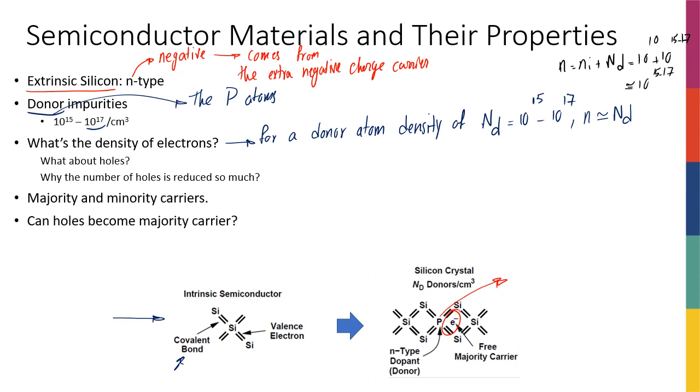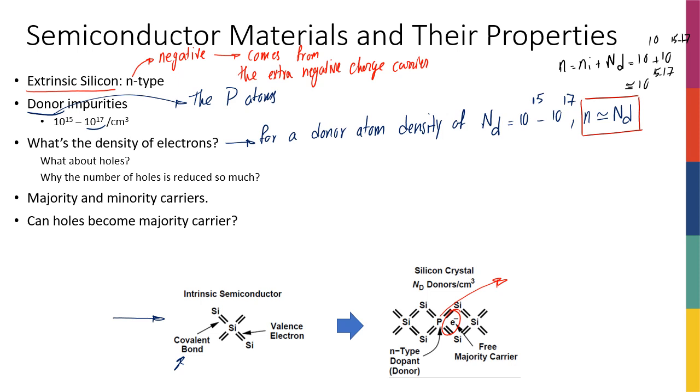That 10 to the power of 10 has basically no impact on the addition, right? It's kind of like adding 1 plus 100,000. Well, it's still going to be 100,000. You can still approximate it with 100,000 without losing any accuracy, right? So n is going to be equal to Nd as long as Nd is much bigger than 10 to the power of 10, which is the number of free electrons in an intrinsic silicon crystal, right?